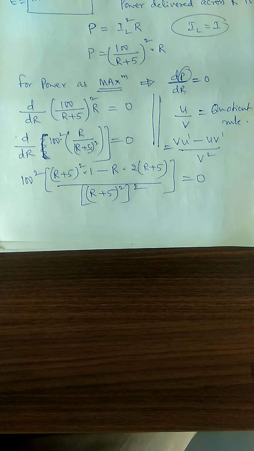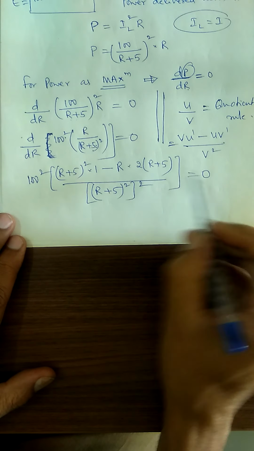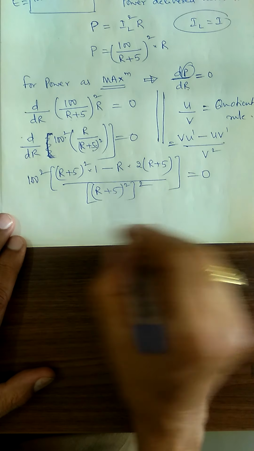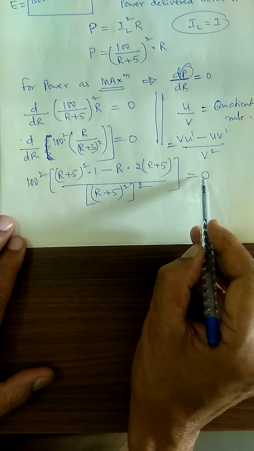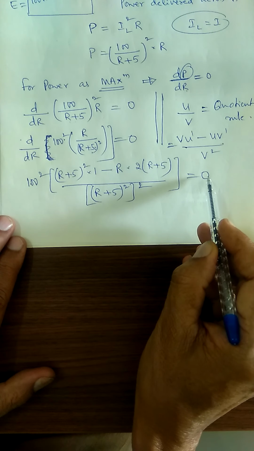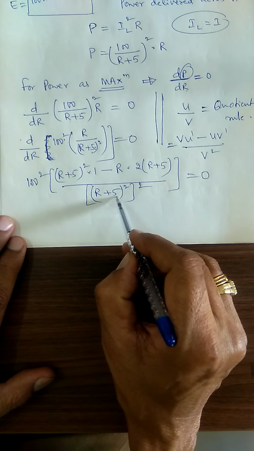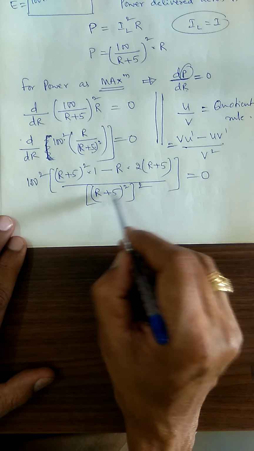Understood the concept? Anyhow, 100 square cannot be equal to 0. 100 is a number, so this cannot be equal to 0. Therefore, this value must be equal to 0. The denominator cannot be equal to 0 again; it is raised to the power 4.